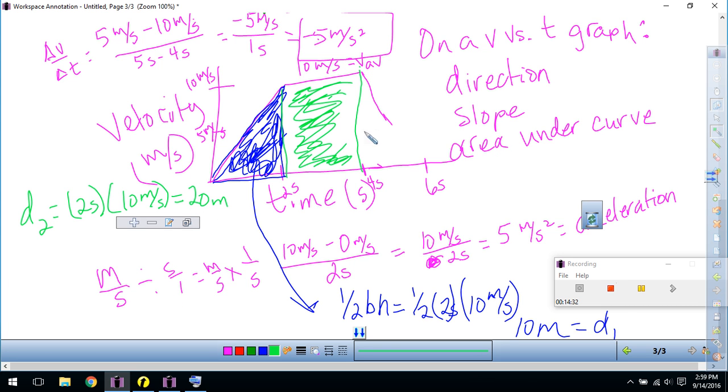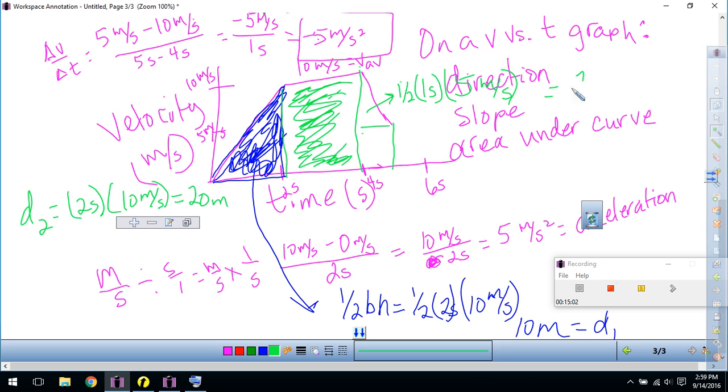And then this last one, if I had drawn a little bit better, we have a rectangle and a triangle, so we're going to find the area of that, which is 1/2 base times height. The base is 1 second. The height is 5 meters per second.